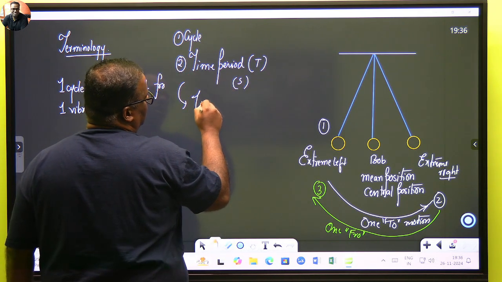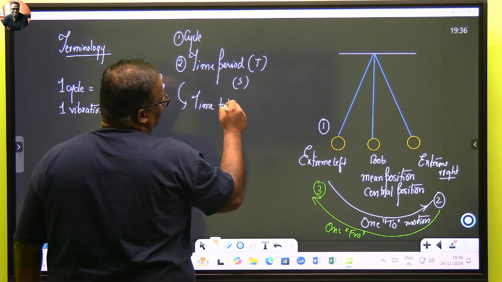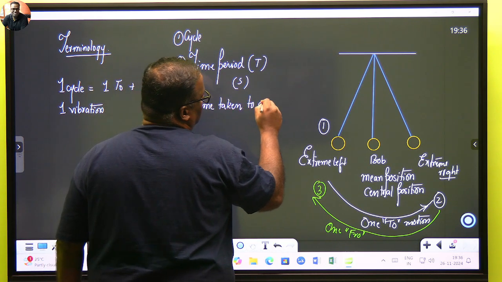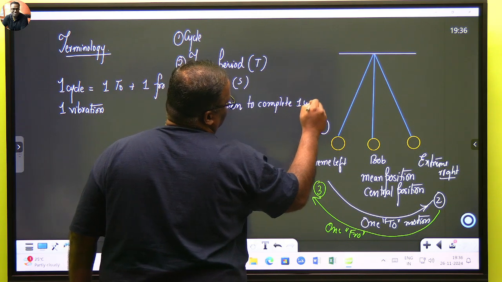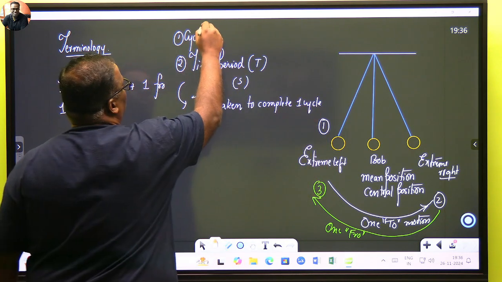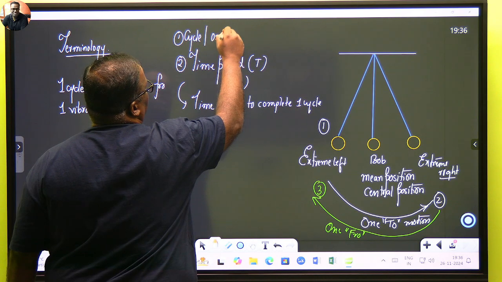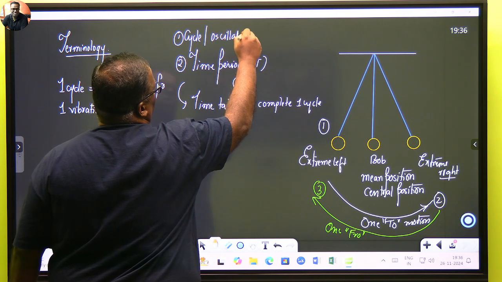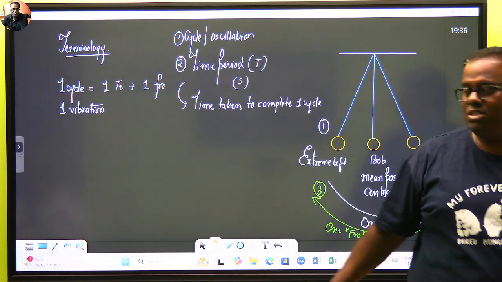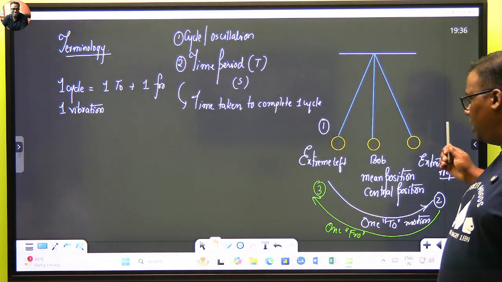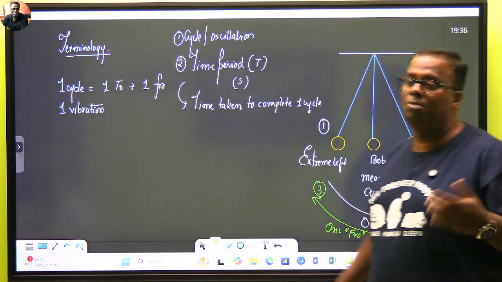It is the time taken to complete one cycle. अच्छा, one cycle का एक और नाम भी होता है, one oscillation. One cycle is same as one oscillation. Time taken to complete one cycle. That means यहां से यहां जाना and again वापस आ जाना, the amount of time it took.